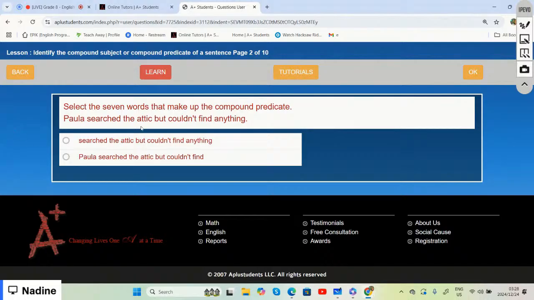We need to select the seven words that make up the compound predicate. Is it option one, searched the attic but couldn't find anything? Or option two, Paula searched the attic but couldn't find?